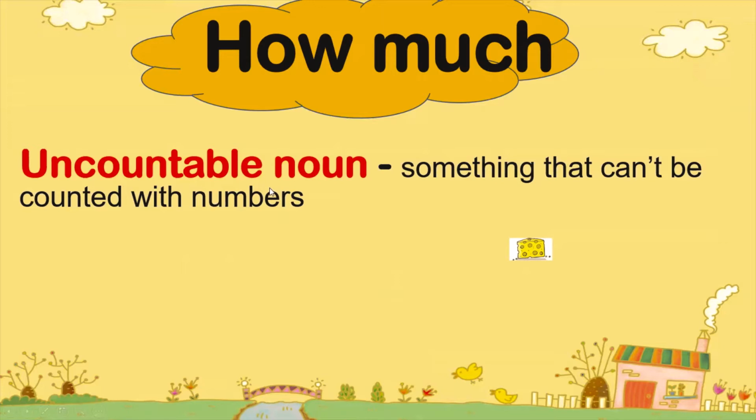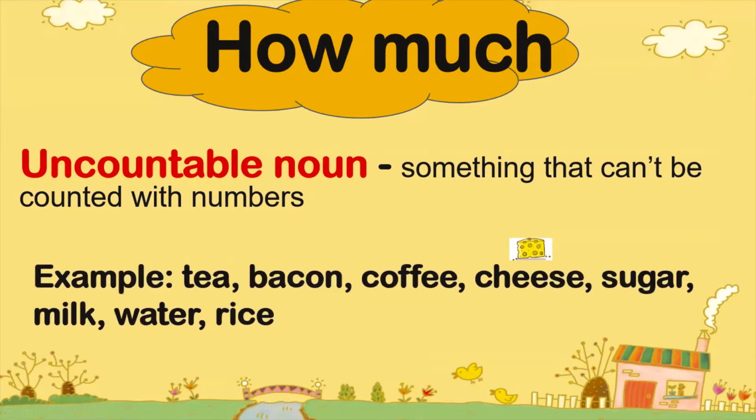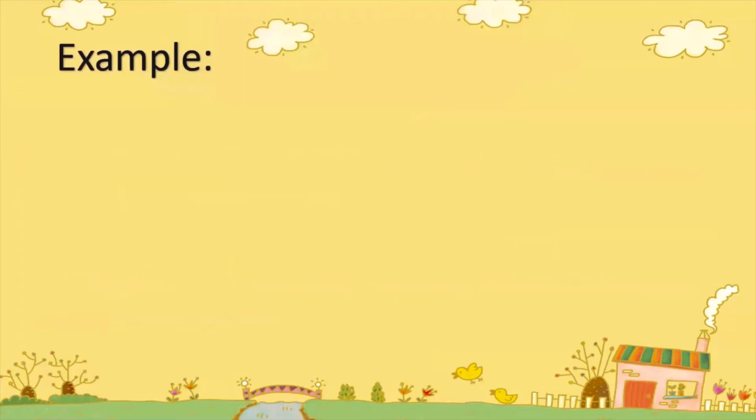You cannot count them using your hands. I'll give you an example: tea, bacon, coffee, cheese, sugar, milk, water, and rice. That is the meaning of uncountable noun.